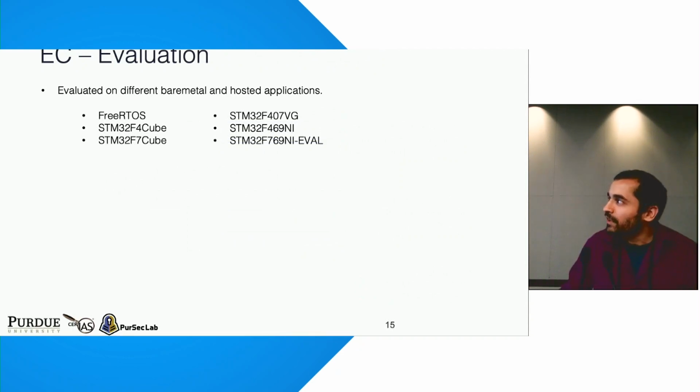To evaluate EC, we conducted our evaluation on different software. We conducted our evaluation on FreeRTOS, STM32F4F, which is a bare metal application project, and STM32F7Q, which is also a bare metal application project.